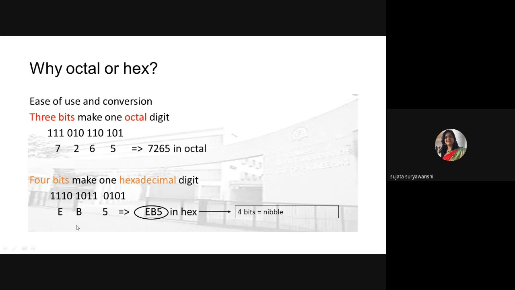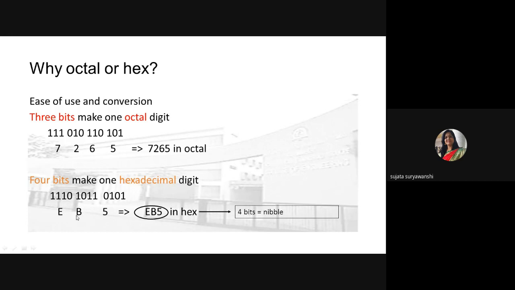If this hex number is given, EB5, how will you convert it into the equivalent binary number? You simply have to write down the 4-bit binary number for each hex digit. So here E means what? 14. And 14 is represented by 1110.